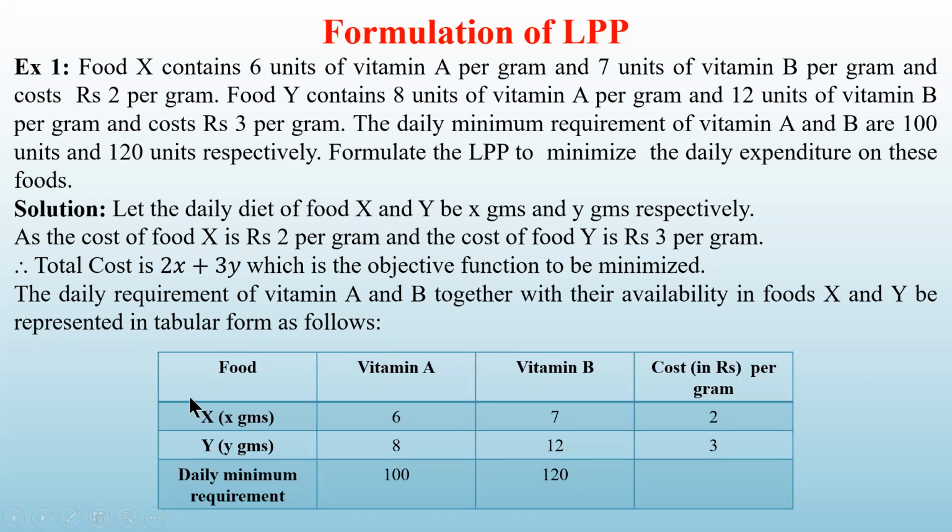So in the last row, I am writing the daily minimum requirement: 100 units for vitamin A and 120 units for vitamin B. Whatever data was given to me in text form, I have converted into tabular form, because a table is a very convenient way of reading the data.